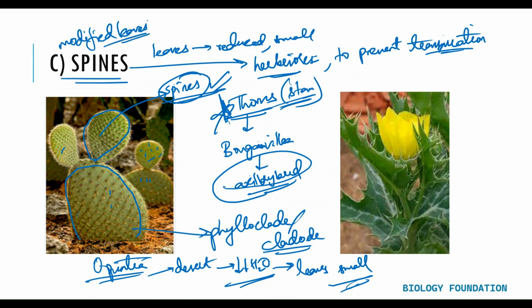The leaves are very pointed and small, to prevent water loss and to prevent the herbivores from grazing on them. It's seen in opuntia and even in the prickly poppy plant. Opuntia's common name is prickly pear, and this is prickly poppy.